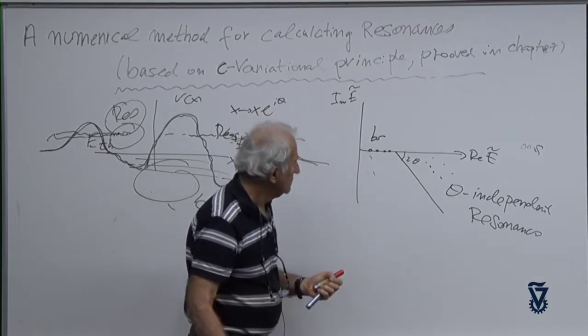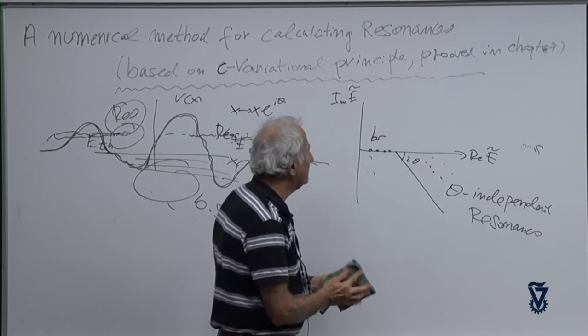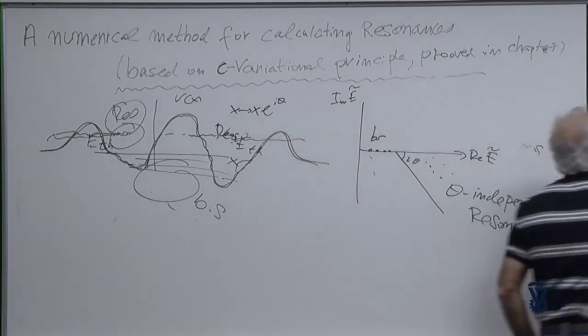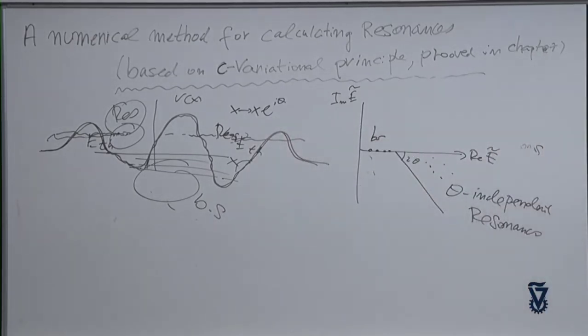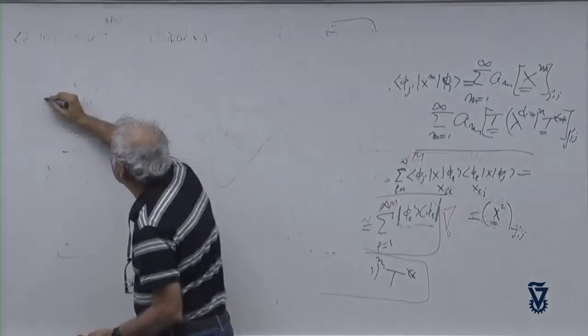Now, let's assume, and with this we'll finish, that our potential looks very similar, but has different thresholds.